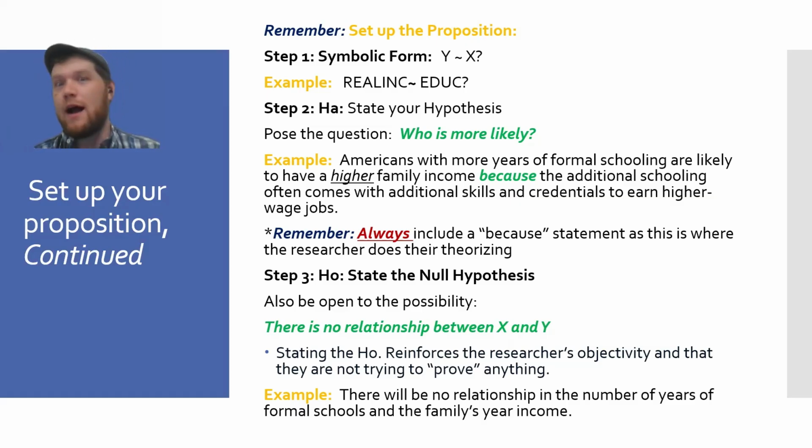This is my practical idea when we talk about these things, in those rules of writing. Always remember to use the because, since that's where the researcher is doing their theorizing. Always be open to the possibility that there is no relationship between the two. There could be no relationship between the number of years of formal schooling and the family's yearly income. We'd like to have evidence, but we're not trying to fudge data. We're saying if it isn't there, we're not going to claim it.